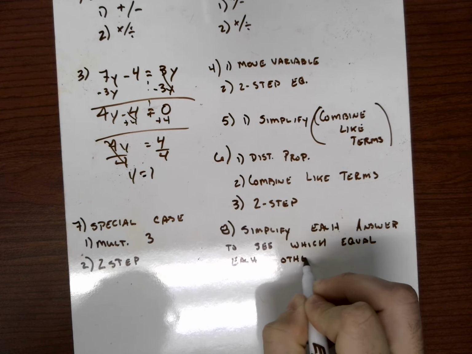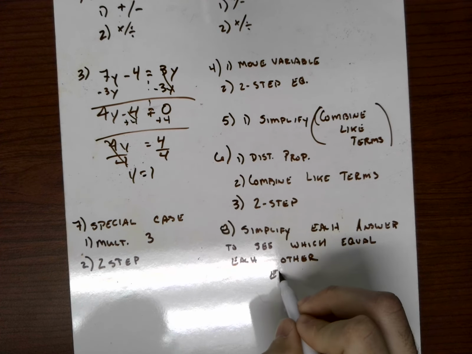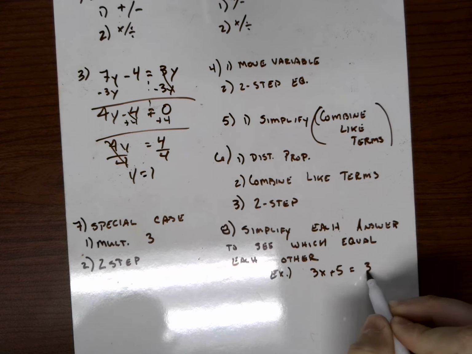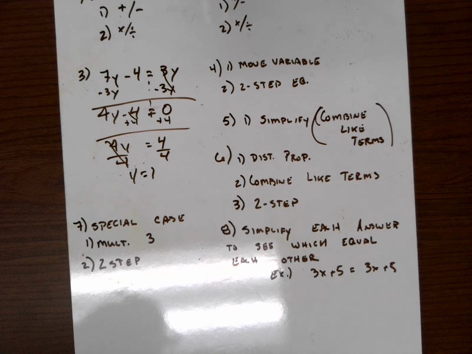Remember, with an infinite number of solutions, both sides have to equal each other. For example, if we had 3x plus 5 equals 3x plus 5, that would have an infinite number of solutions because both sides equal each other. So that's what you would do on number 8 there.